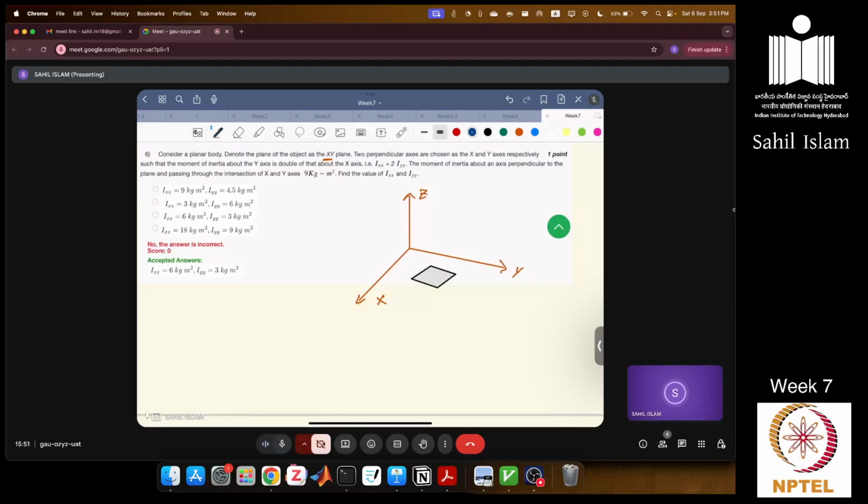You are asked: if two perpendicular axes are chosen as the x and y axis respectively, such that the moment of inertia about the y axis is double that about the x axis. No, sorry, Ixx is twice Iyy.